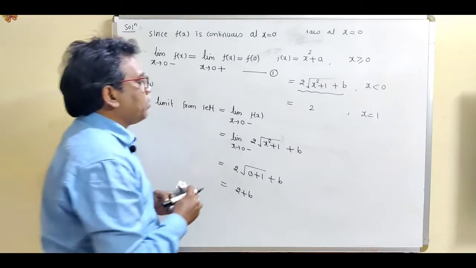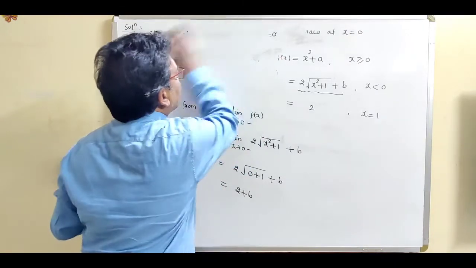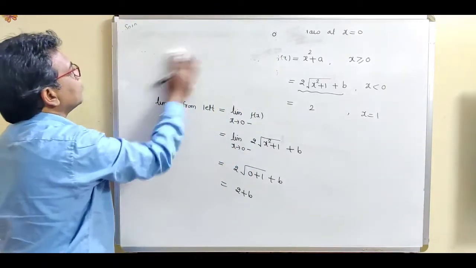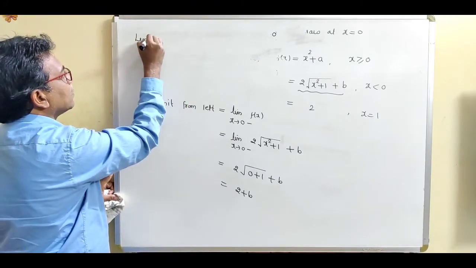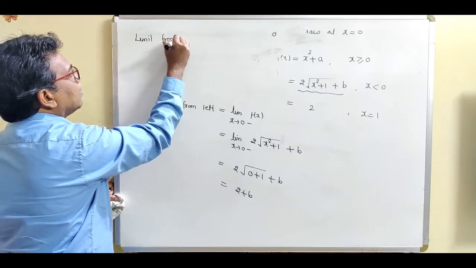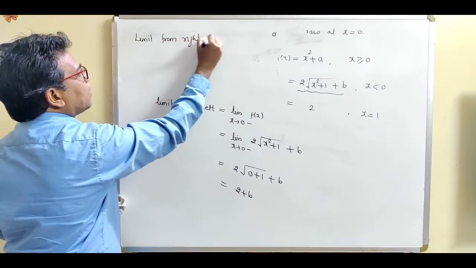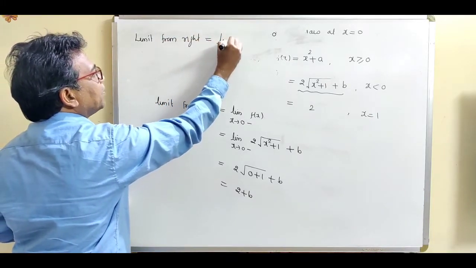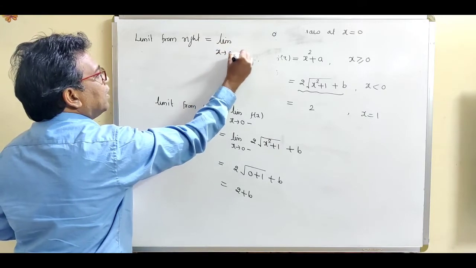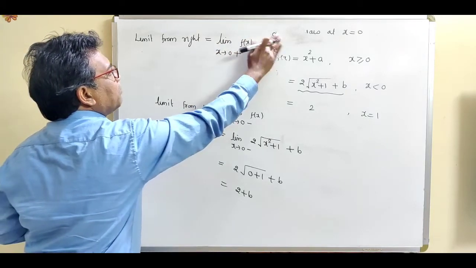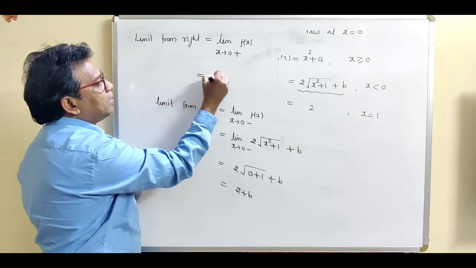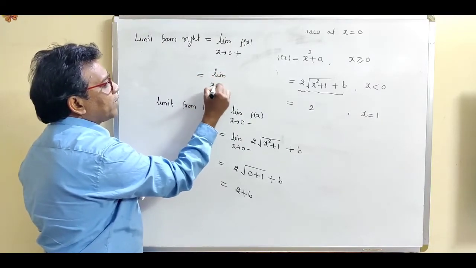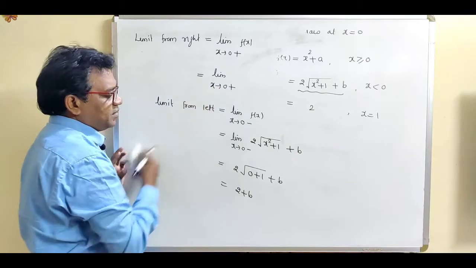Now find out limit from right. Limit from right is equal to limit x tends to 0 plus of f(x). It is the symbolical notation for right hand limit.